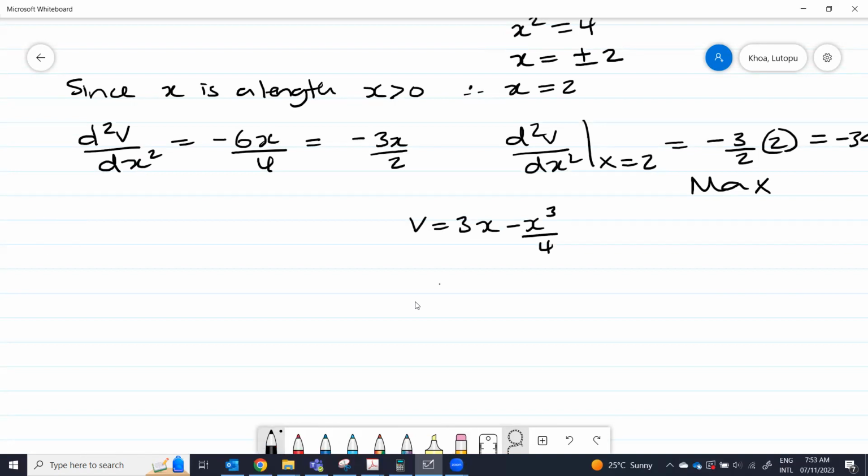Right, then we substitute 3 times 2 minus 2 cubed over 4. So this is 6 minus 8 over 4, and this is equal to 4 meters cubed.